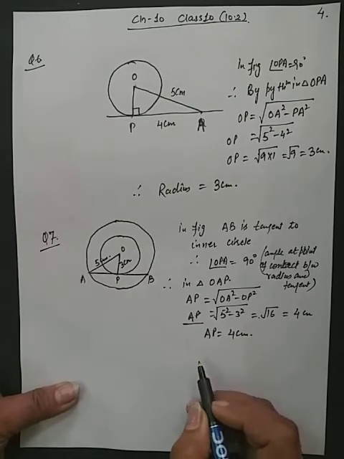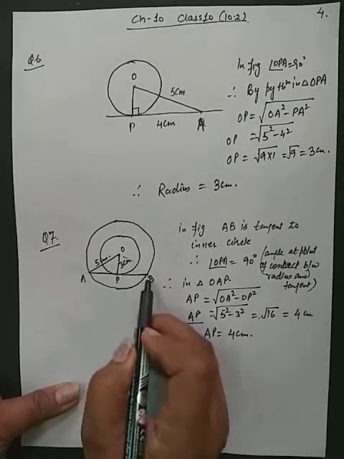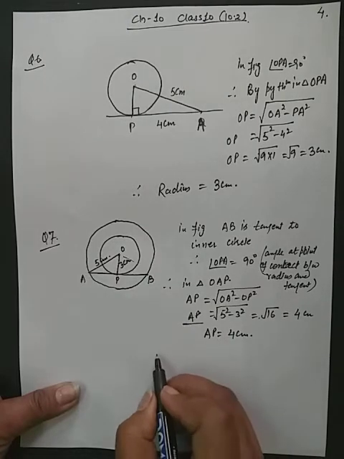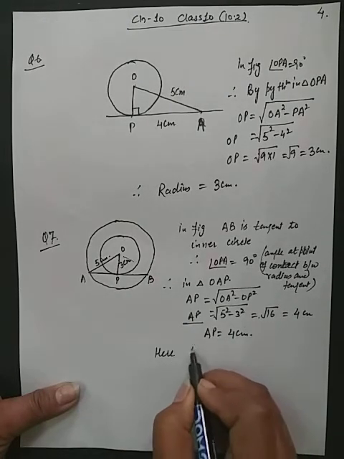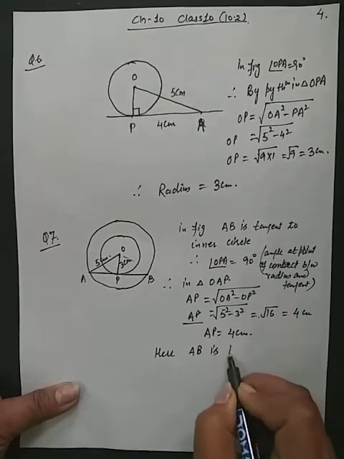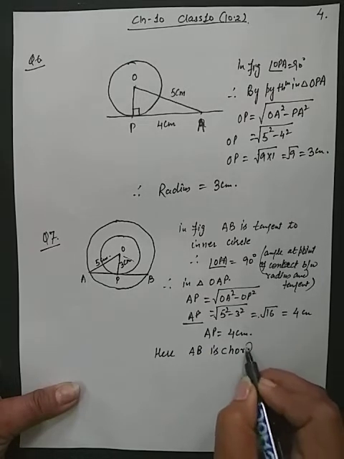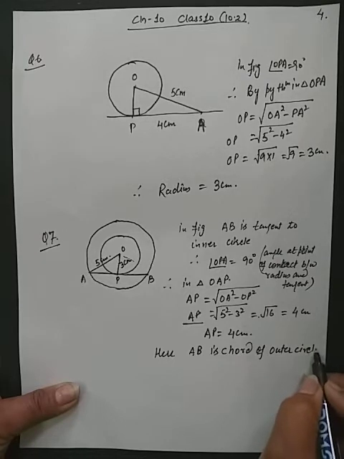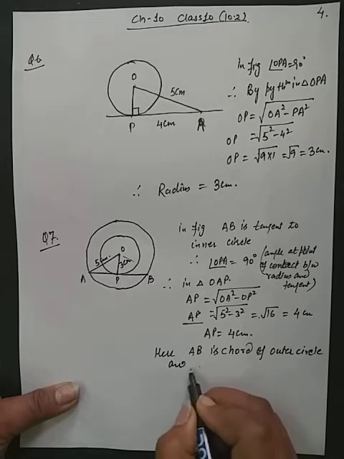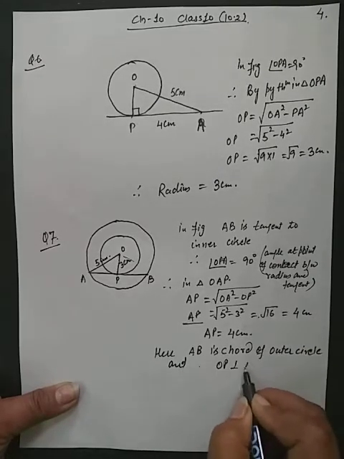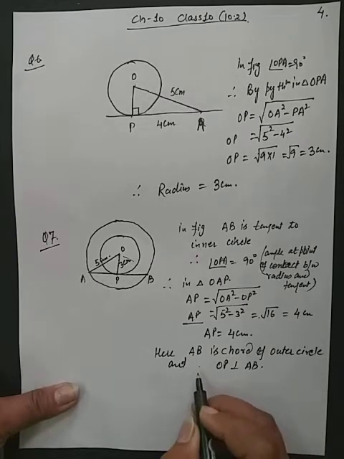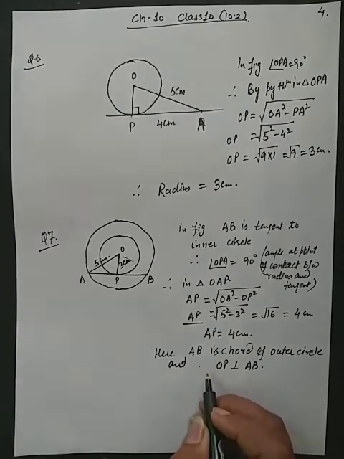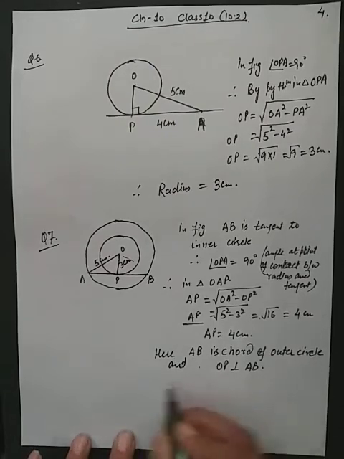Similarly, we can find the length of BP if I join O to B, or we can see here AB is chord of outer circle and OP is perpendicular to AB and we know that perpendicular from the center of the circle bisects the chord.